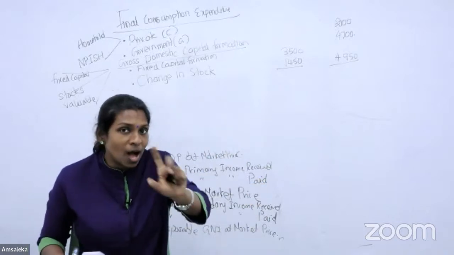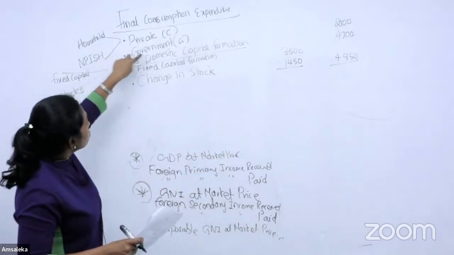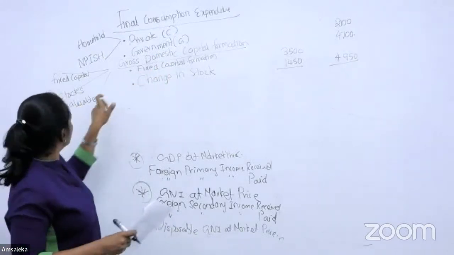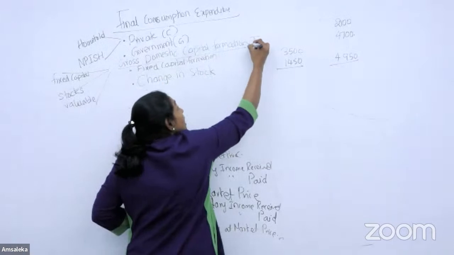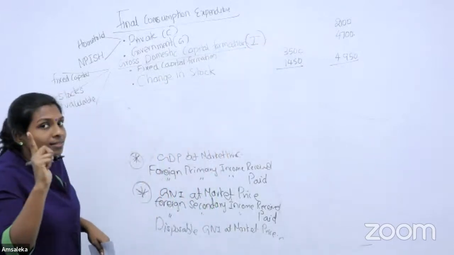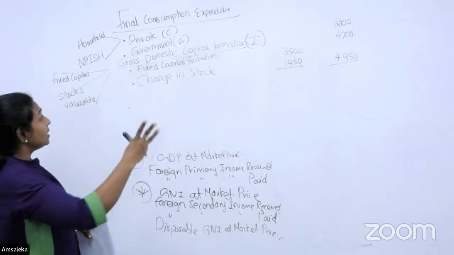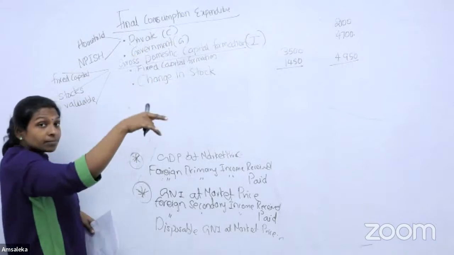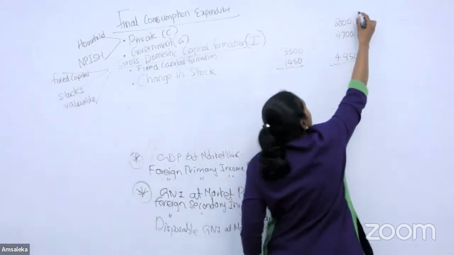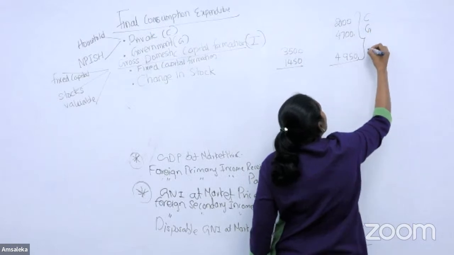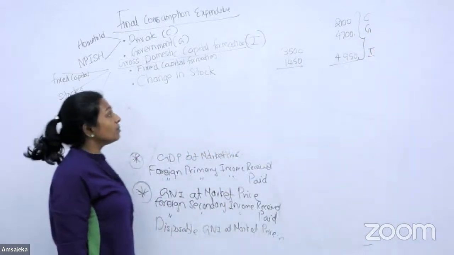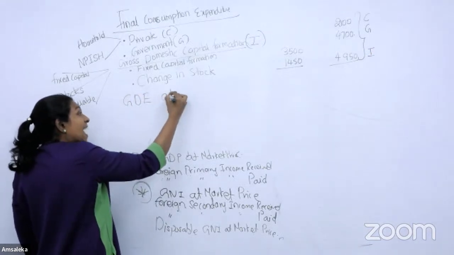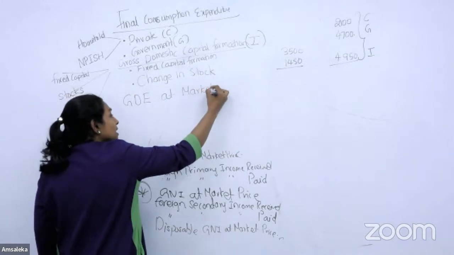Therefore, listen to me how the structure comes. Gross domestic capital formation, that is fixed capital formation, change in stock, and change in valuables: these three added together we call I. Gross domestic capital is I. Now, these together are C plus G plus I. The answer is gross domestic expenditure at market price.